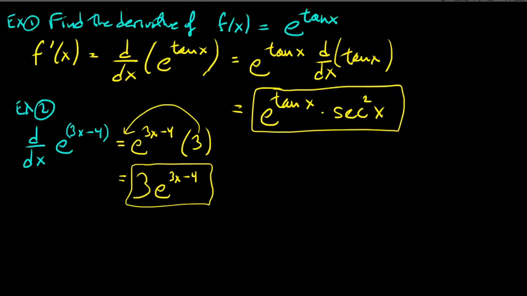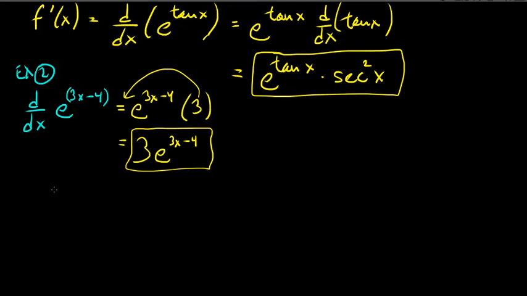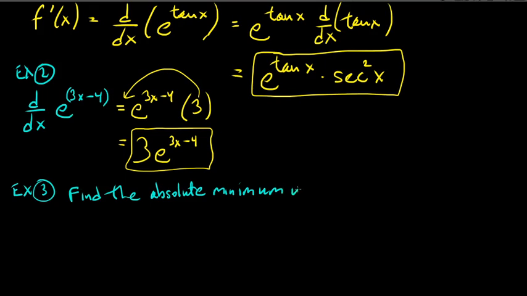Let's do another one though, and let's do one that involves some application of the derivative. Let's find the absolute minimum value of the function, we'll call it f of x, and let's make it x times e to the x.